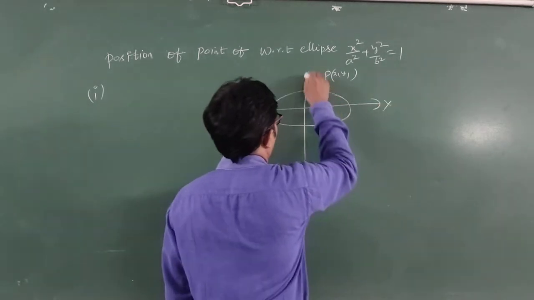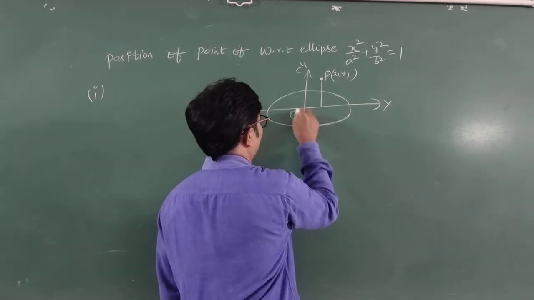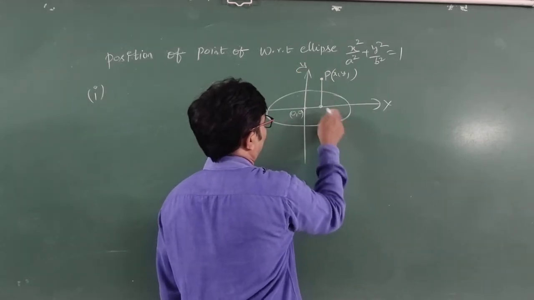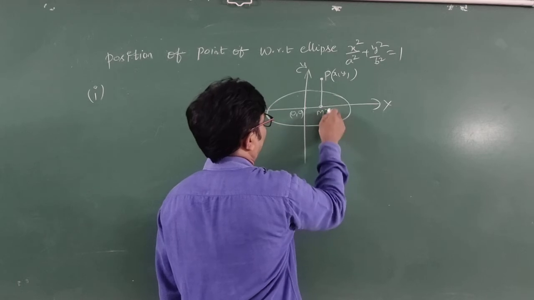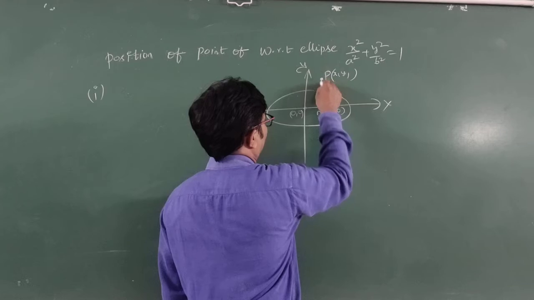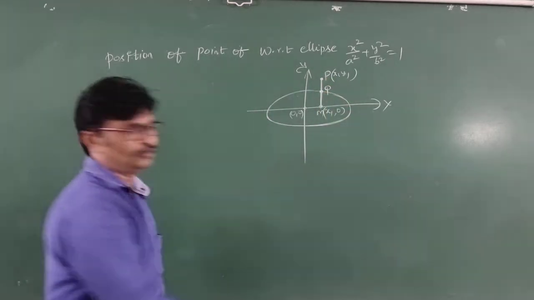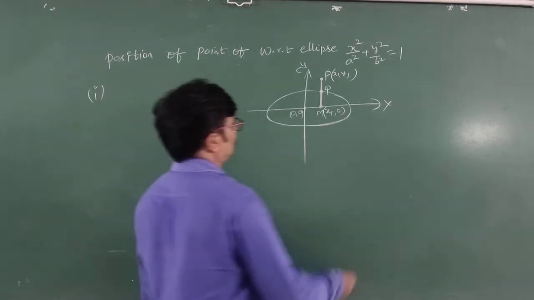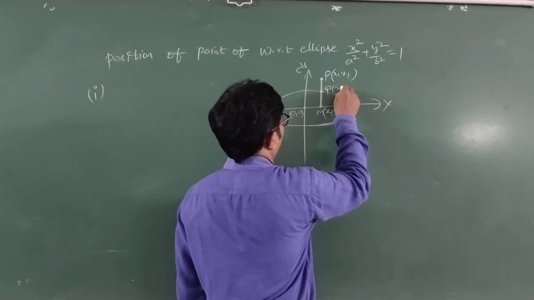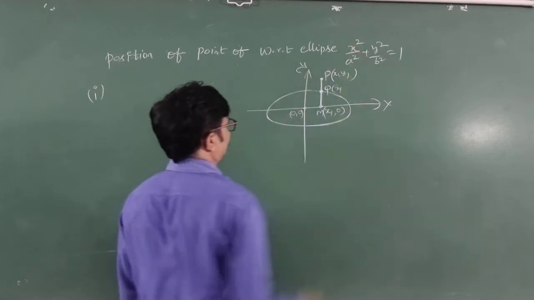The x axis is the major axis, the y axis is the minor axis, and the center is 0, 0. This is M, undoubtedly on the x axis. The segment meets the ellipse at the point Q. Q is a point on the ellipse, with x coordinate x1.